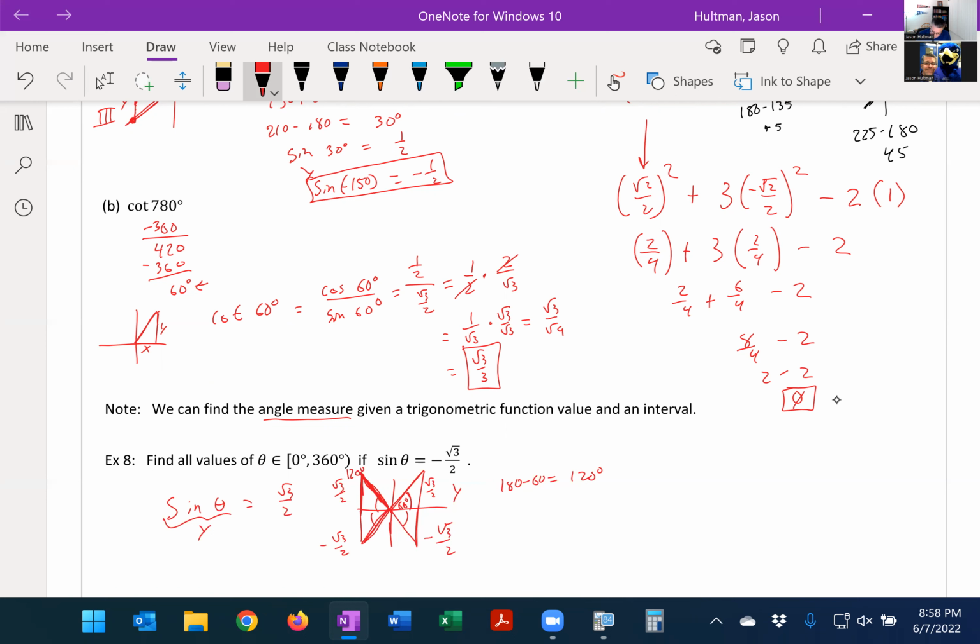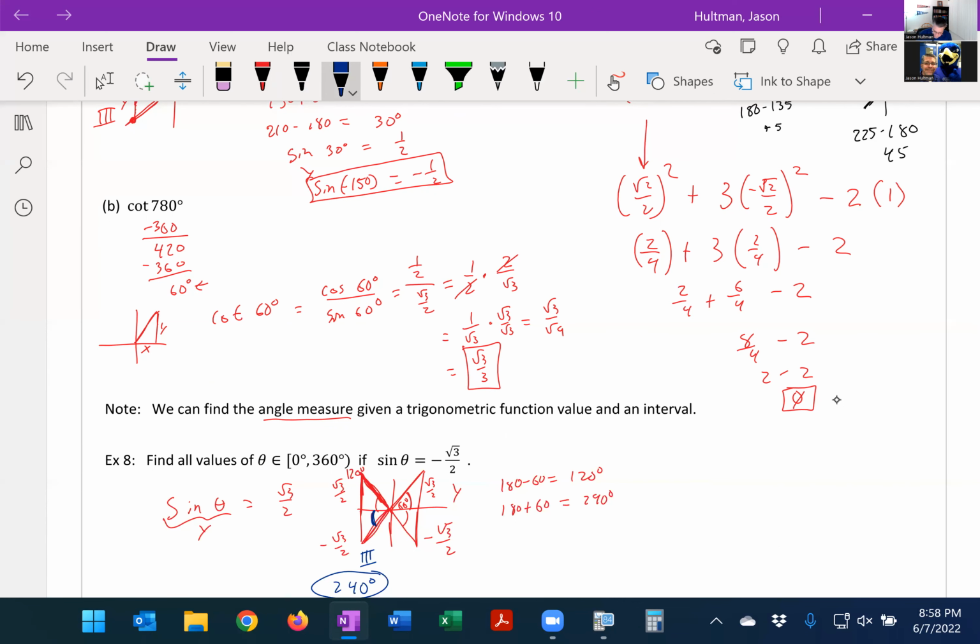Well, instead of subtracting 60 from 180, let's add 60 to 180, and that's going to become 240. This would give me a reference angle of 60, but would drop me down in the third quadrant. So that's 240 degrees, so that's one answer.